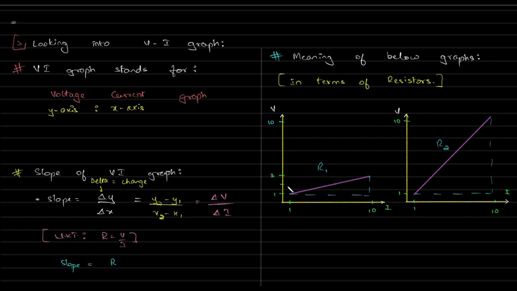This graph is telling that for a small change in voltage, we have to look at the y-axis, I have a huge current. While for a big change in voltage, I have the same current. Again, I'll repeat. For a small change in voltage, I have a huge current.